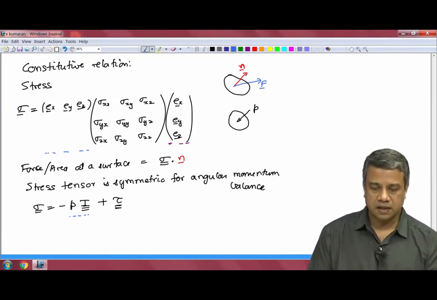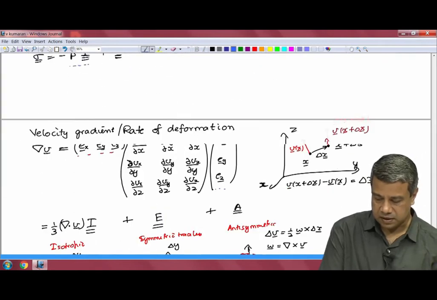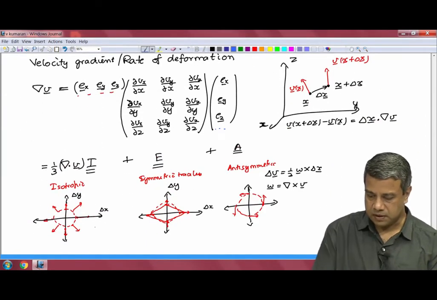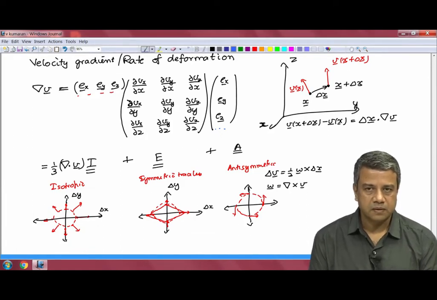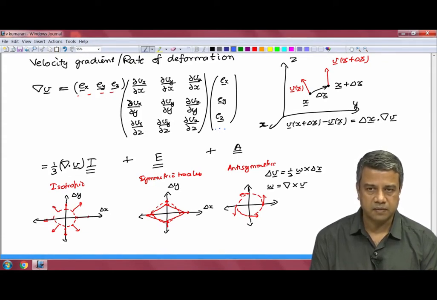The velocity gradient tensor we had also analyzed. It has three components. An isotropic component, which gives you the radial compression or expansion of nearby points relative to a point.